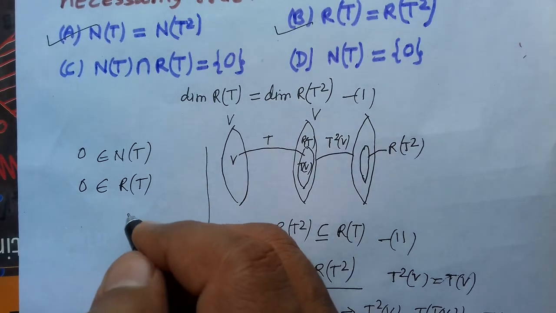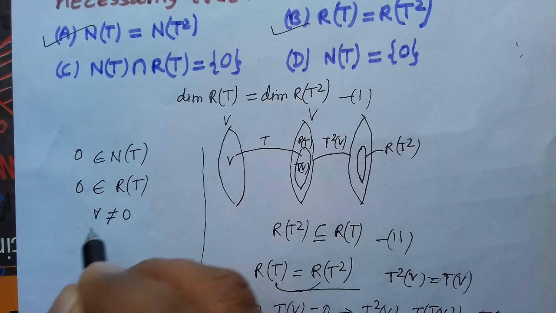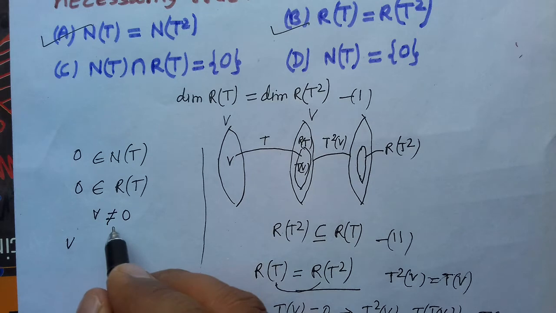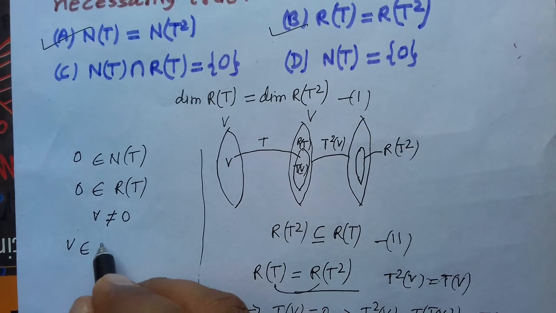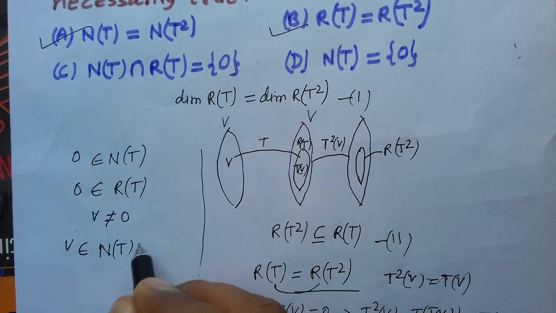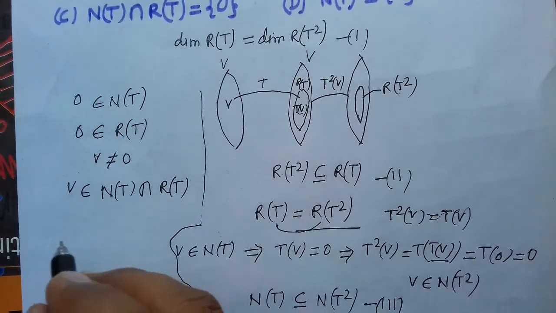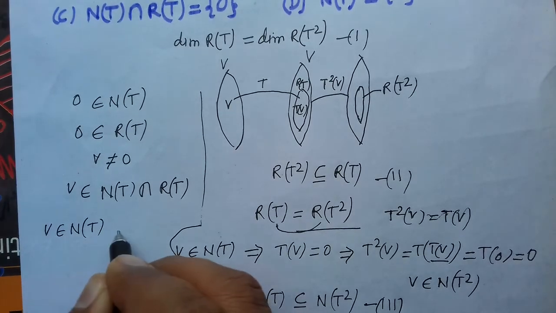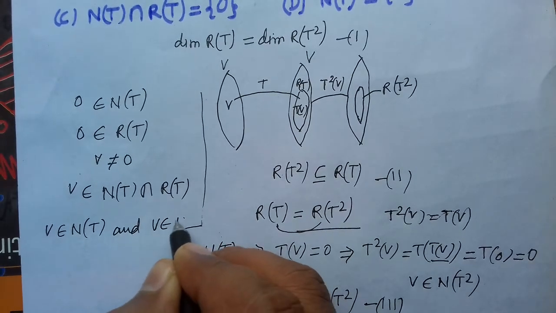Now let us take another vector, a non-zero vector, which is a member of, suppose, NT intersection RT. So V will be a member of NT and V will be a member of RT.